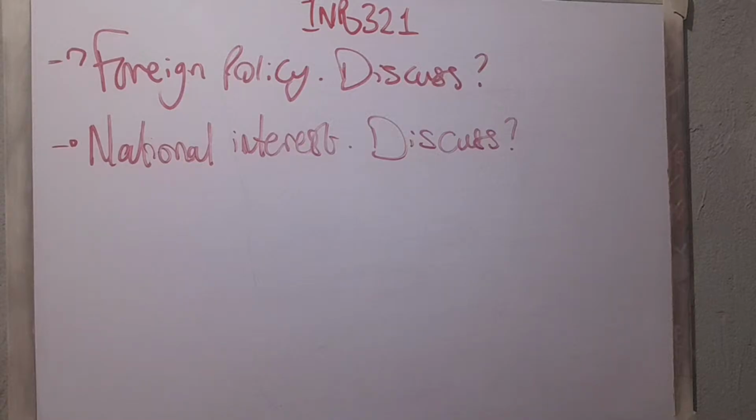Now, talking about foreign policy analysis, I believe this is not new to us. When we talk about foreign policy analysis, we are simply talking about the analysis that gives a detailed explanation about how nations' foreign policies are being structured, implemented, and executed as well. So now let's consider some of the approaches.